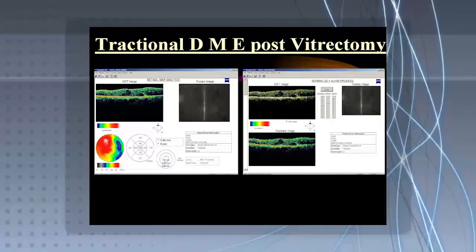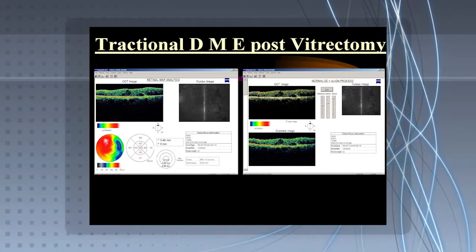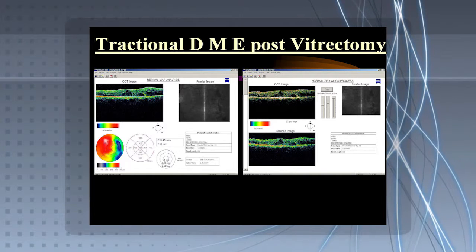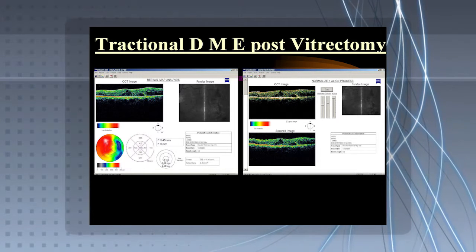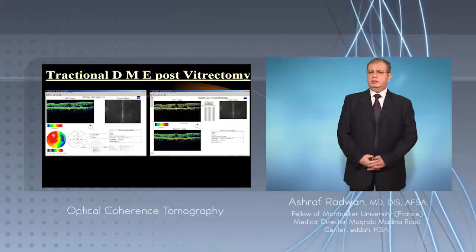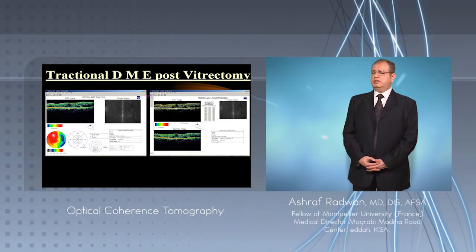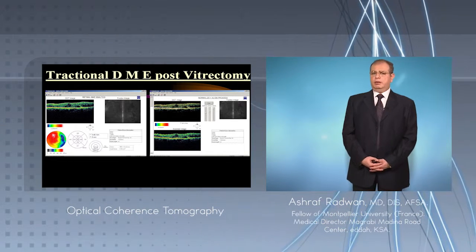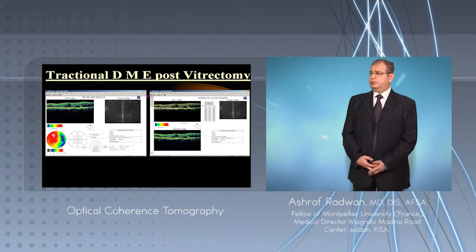You can measure it, and this is the image after doing the vitrectomy for this patient with membrane peeling, and the membrane is removed with the residual macular edema that needs more intervention by injecting the patient later on, but at least the tractional element on the macula is removed.